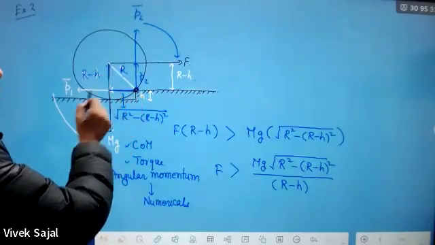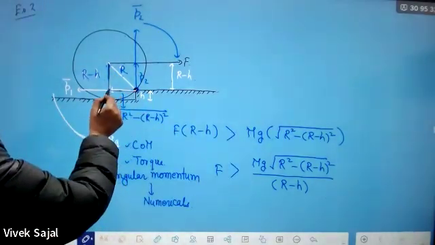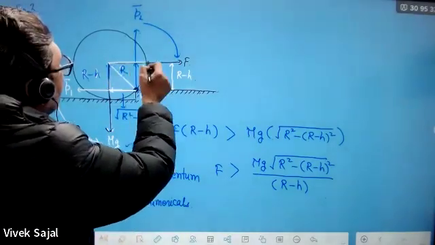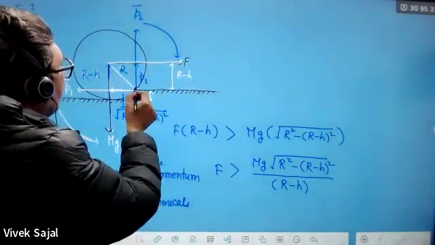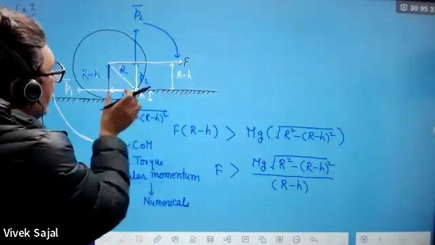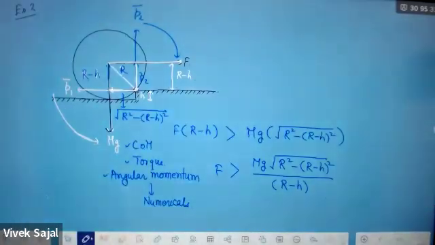I will draw a perpendicular from here to here. I need this length. Here this is my line of force. Try to understand. From here I will draw this. I need this length. This length is r minus h. Is it okay now? Yes, sir.